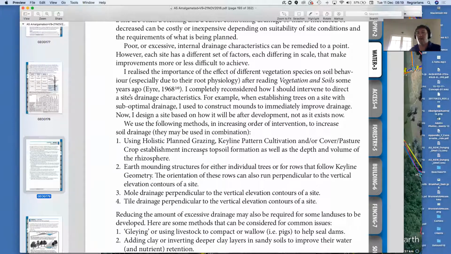And so if you want to grow particular plants down there, you might do all of the holistic plant grazing, and you might do all of the cover crops and all of those good things, and yet still the soil won't do what you want it to do. It won't grow what you want to grow. So you might need to do some mounding.